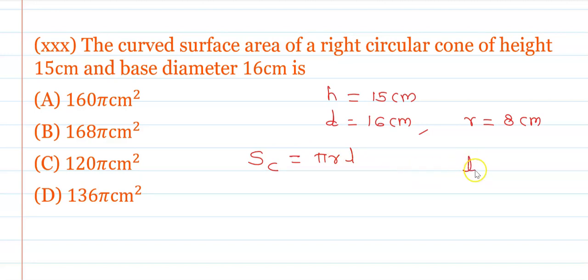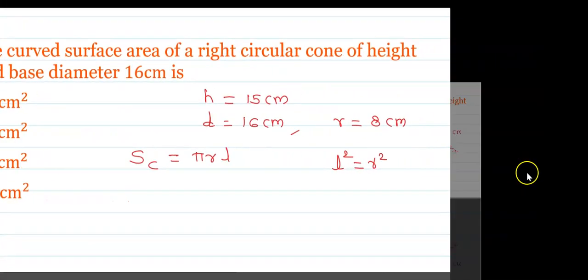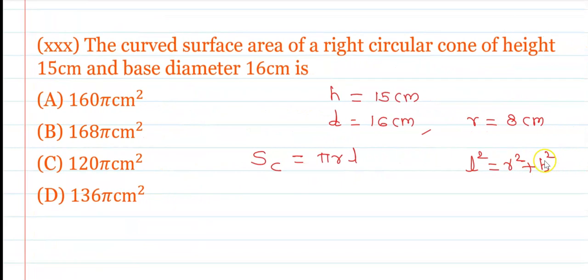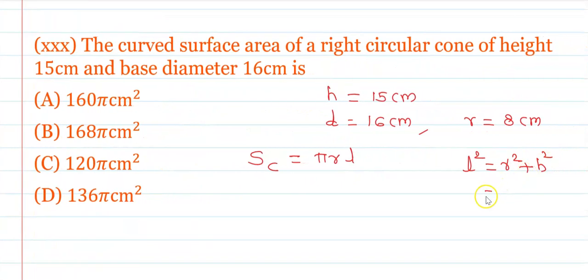That is a slant height L square is equals to R square plus H square. Radius is 8, means what, 8 square plus height is 15 square is equals to 64 plus 225, that is equals to 289.